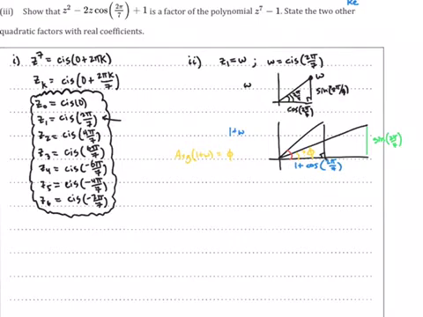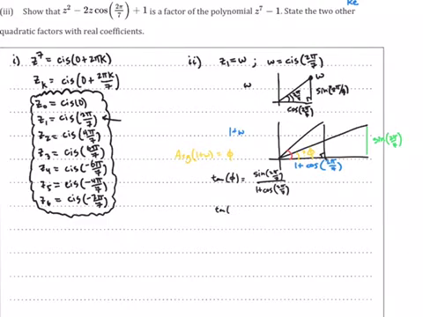Let's do a little work with what we know about trig. The tangent of phi is equal to the sine of 2 pi over 7 over 1 plus cosine of 2 pi over 7. Let's use a trig identity, both top and bottom.